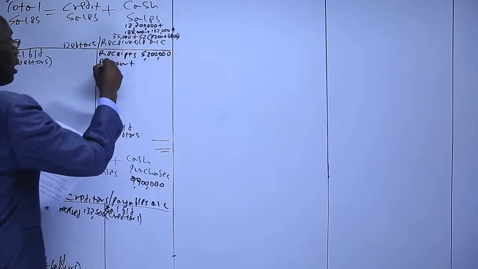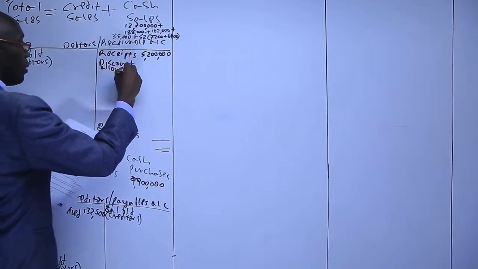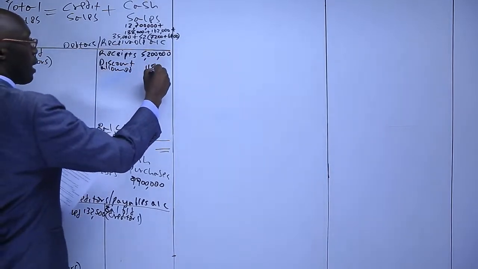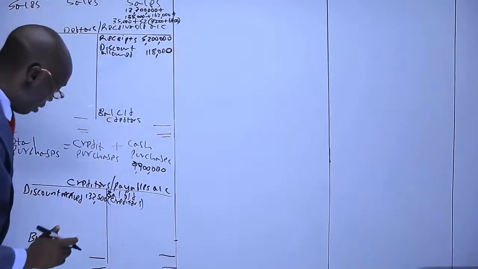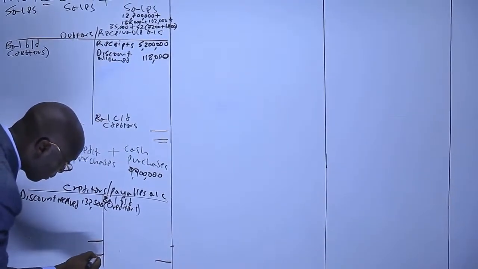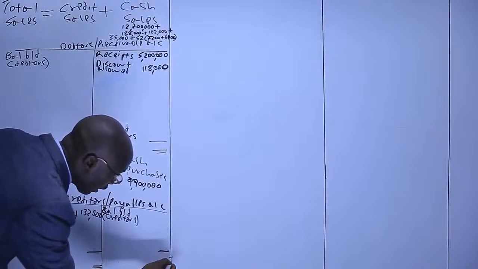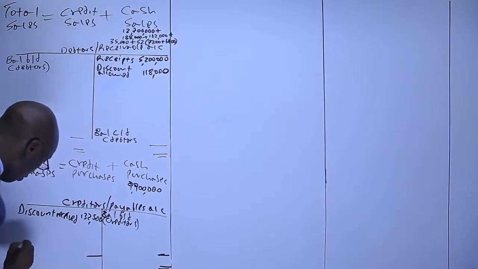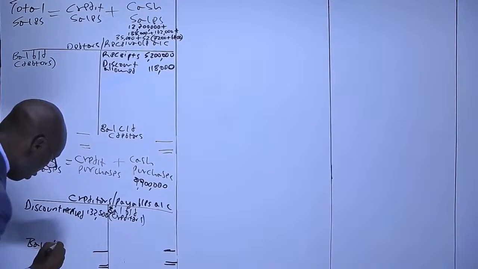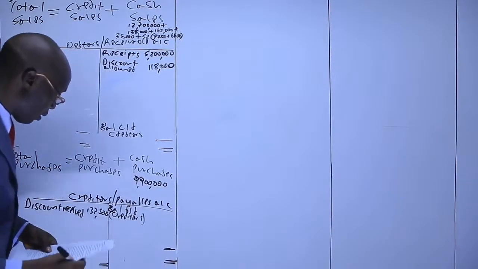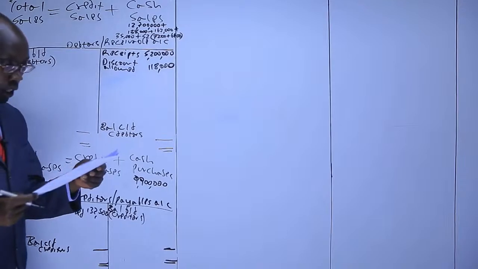Discount allowed, which we have 118,000. I want to bring this one a little bit up here, but I haven't changed anything. It's just this, and so we had said the balance carried down for the creditors. We leave it there. So we continue.